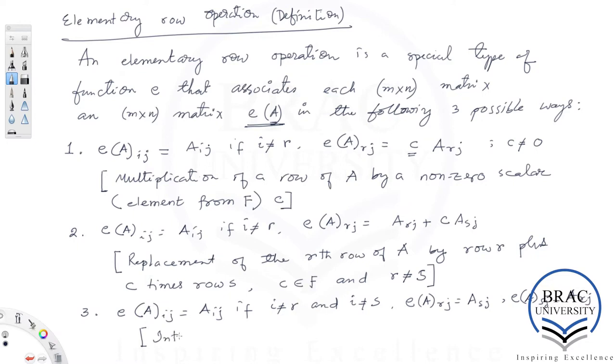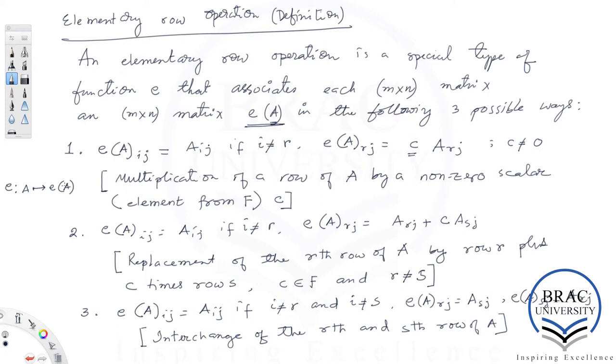Interchange of the rth and sth row of A. So this is how this function A to E of A is defined.